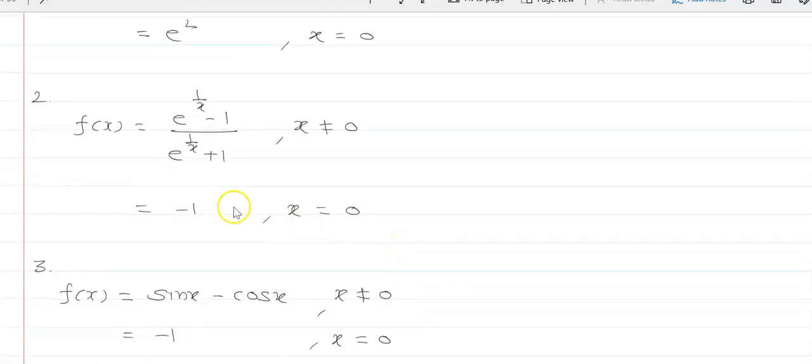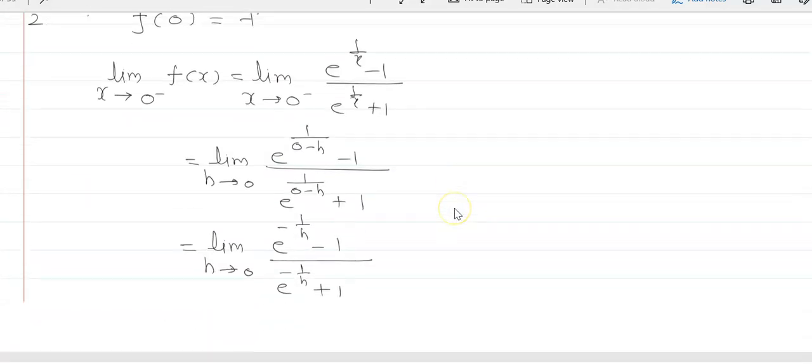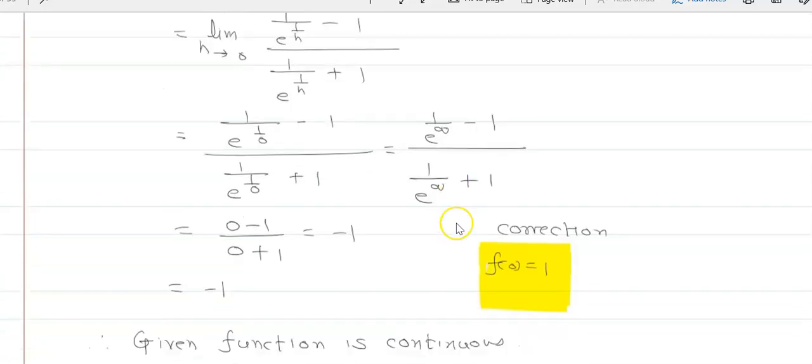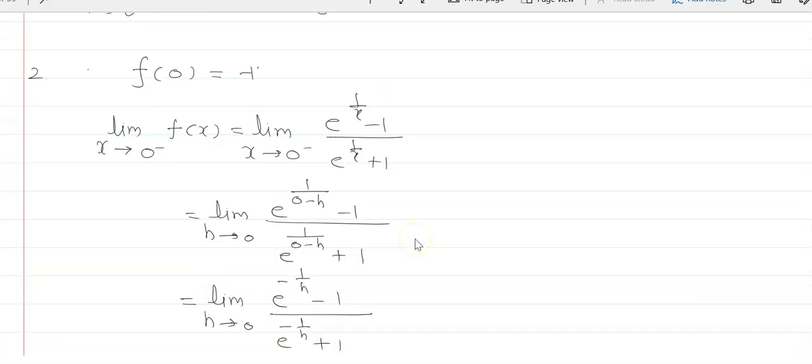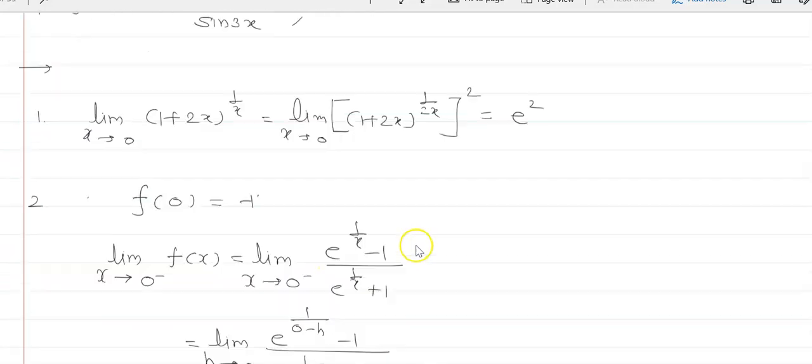And for the second, that limit is minus 1. Therefore, it is also continuous.